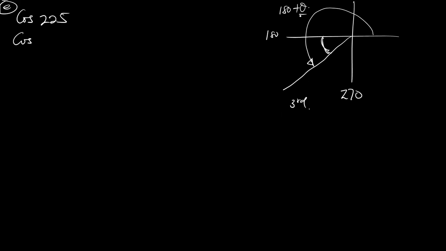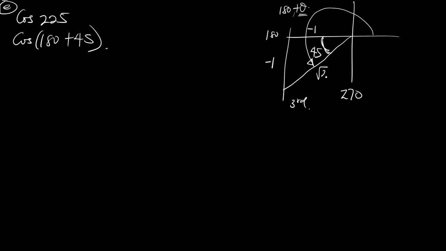This acute angle should be the value you add to 180 to give you 225. The value you add is 45. You add 45 to give you 225. So this will now be 180 plus 45. Here is 1, minus 1, minus 1.